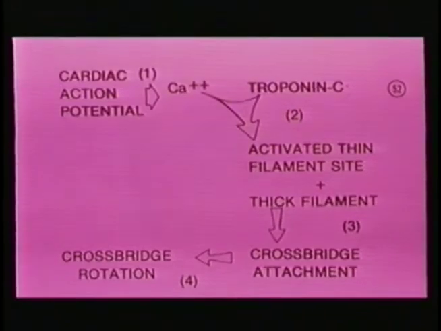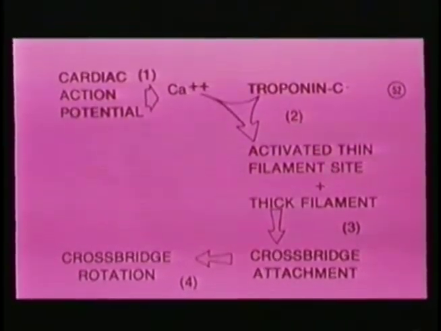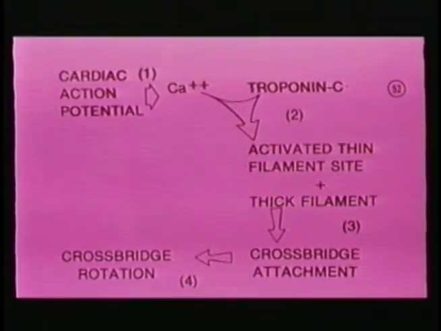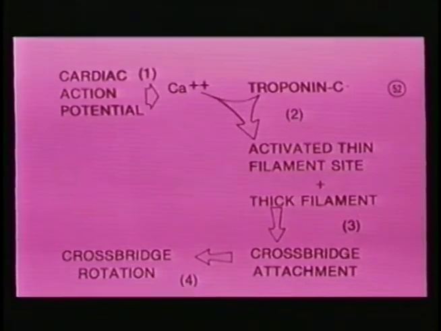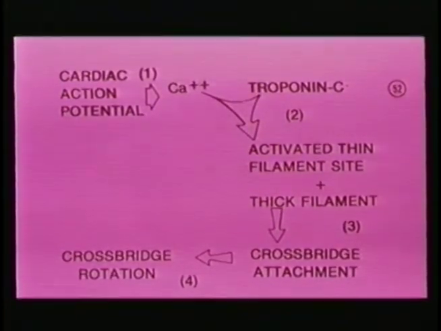Slide 52. The activated sites allow myosin heads, that is, cross bridges, to attach to thin filaments as shown in step 3. The attachment of a cross bridge to a thin filament allows a small rotation, step 4, of the cross bridge and a translocation of the thin filament relative to the thick filament.